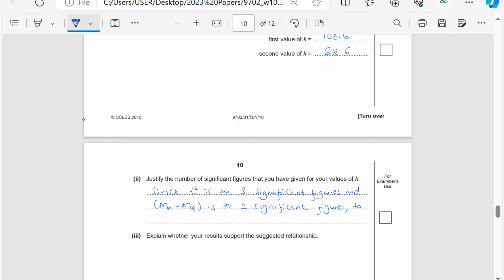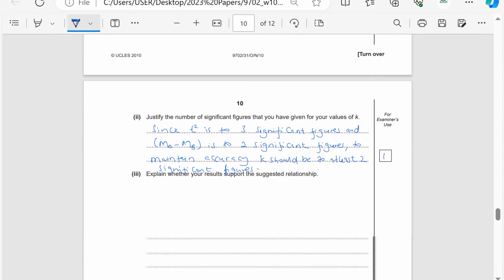So to maintain accuracy, k should be to at least 2 significant figures. So it means you could write k to 2 significant figures or more, because the smallest number of significant figures in the raw data is 2. So that is how we answer that question, and I'm very sure the student will get that mark.